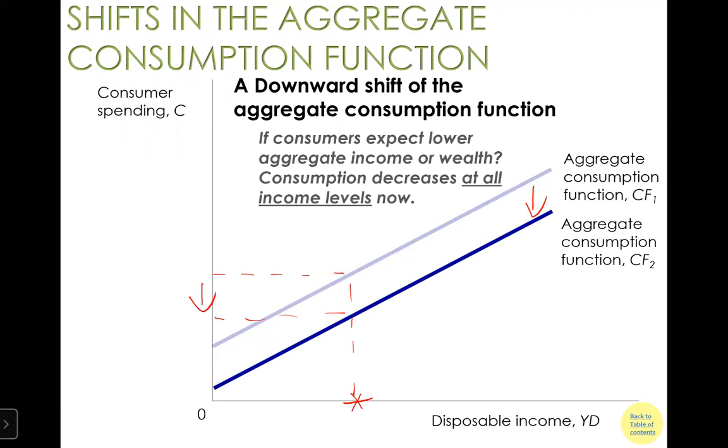Similarly, this must be the case where consumers expect lower income or wealth. So they must tighten their belt. They must save more. Just imagine what's going on right now. Pretty much everyone is worried about losing their job. People worry they may have lower income, like the stock market may crash, or the housing market may crash.